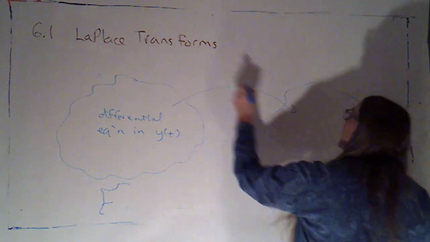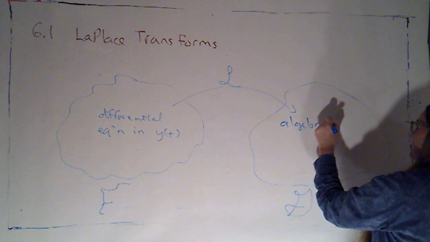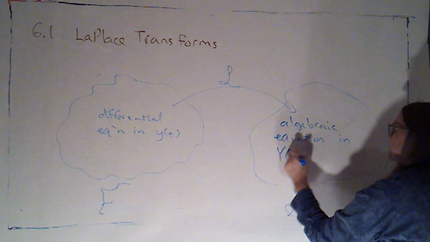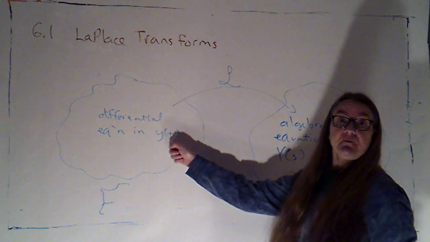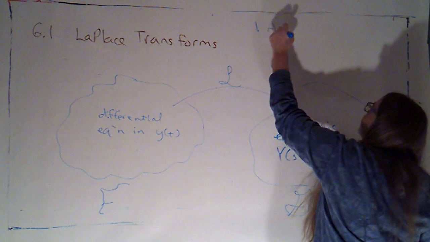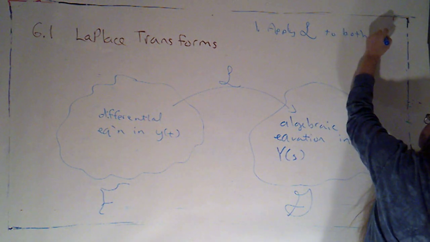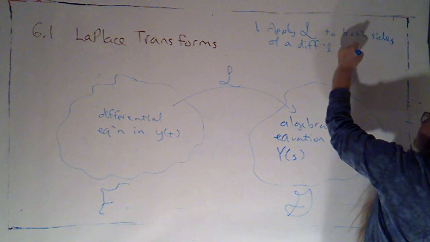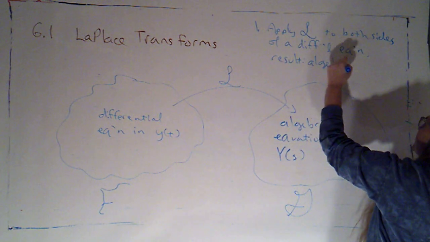I'm going to apply my Laplace transform, and that's going to give me an algebraic equation in Y of s, in the Laplace transform of this function. So basically step one, I'm going to apply the Laplace transform to both sides of a differential equation. The result will be an algebraic equation.